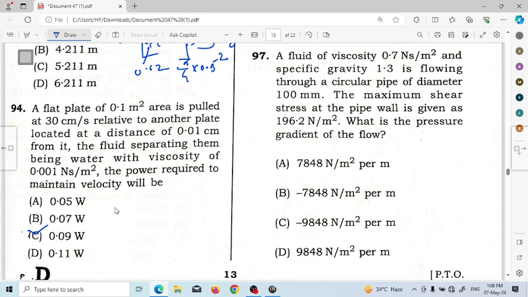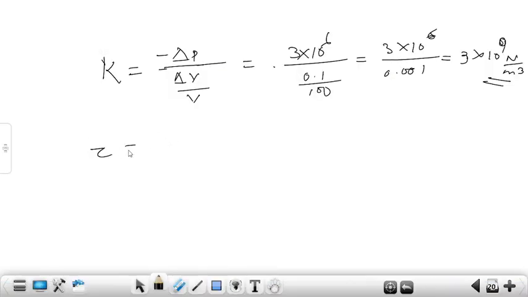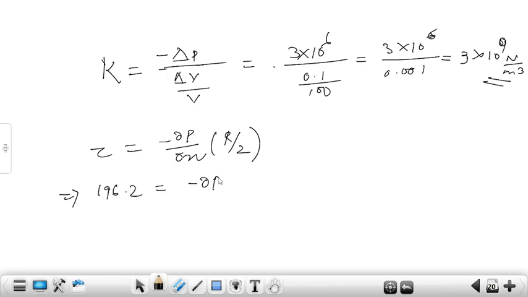So from the pipe equation, shear stress tau is equal to minus del p by del x into r by 2, where r is the radius of the pipe. The shear stress is given as 196.2, and del p by del x I have to calculate. The pipe diameter is 100 mm, so the radius is 50 mm, that means 50 into 10 to the power minus 3 meter.